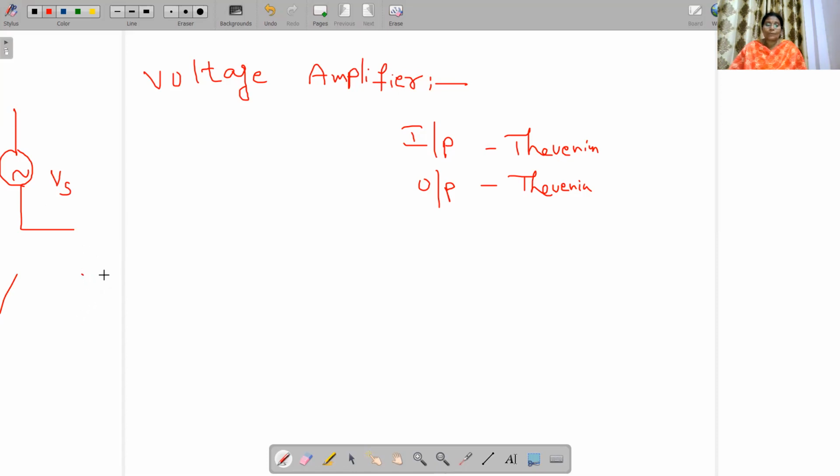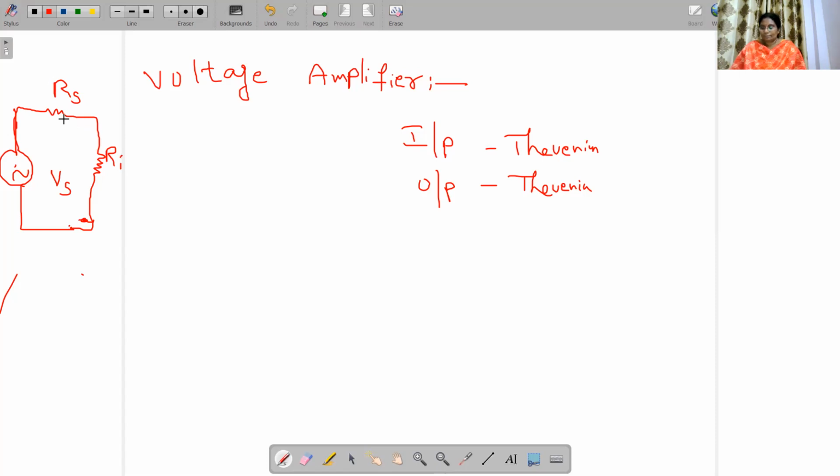Vs is in series with Rs, the source resistance, and then we connect the input resistance Ri.